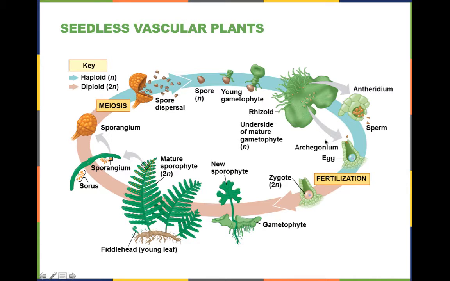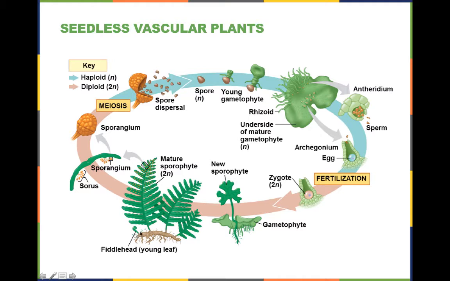The young gametophyte has an archegonium and an antheridium, an egg and sperm. Fertilization occurs, and then a zygote, which is a diploid structure, is then formed, and you have a new sporophyte. You can tell by looking at it, this is what we generally associate with a fern, is the mature sporophyte generation.